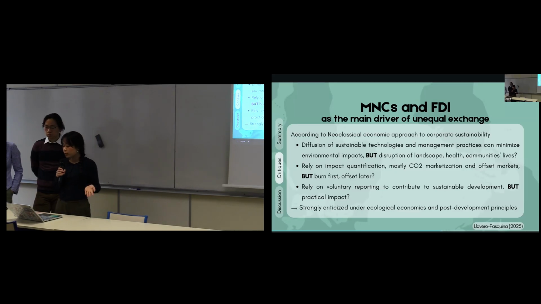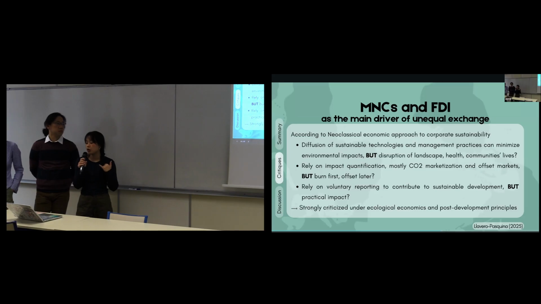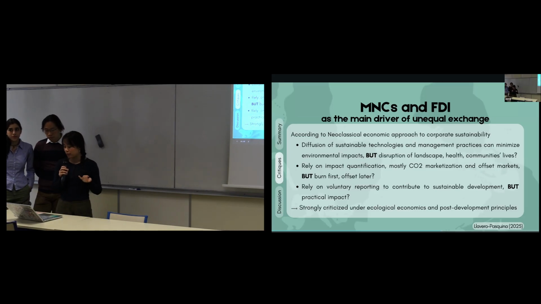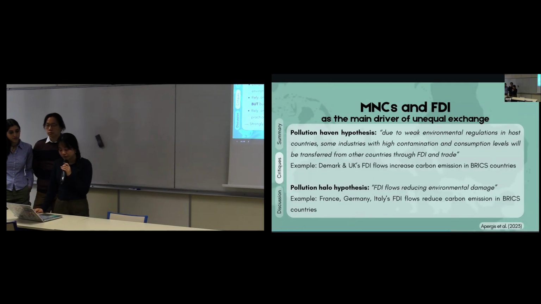But basically, we burn first and we offset later. And the last one is that they rely on voluntary reporting to contribute to sustainable development. But what about the practical impact? This kind of approach is strongly criticized under ecological economics and post-development principles, as we all know.